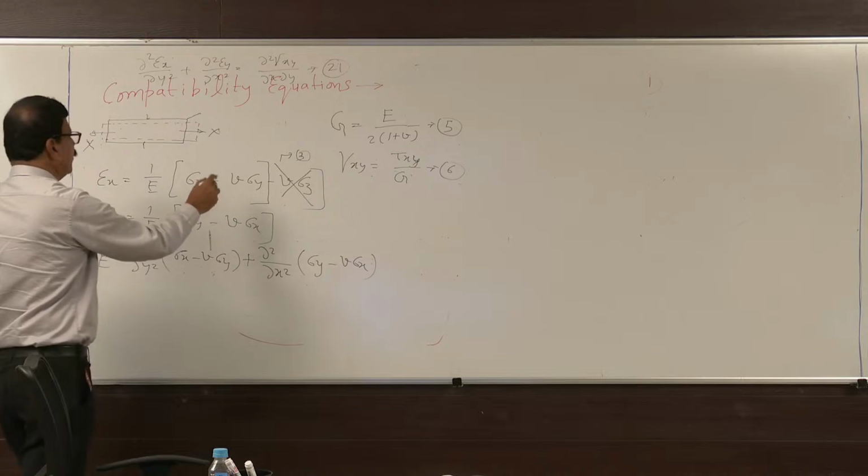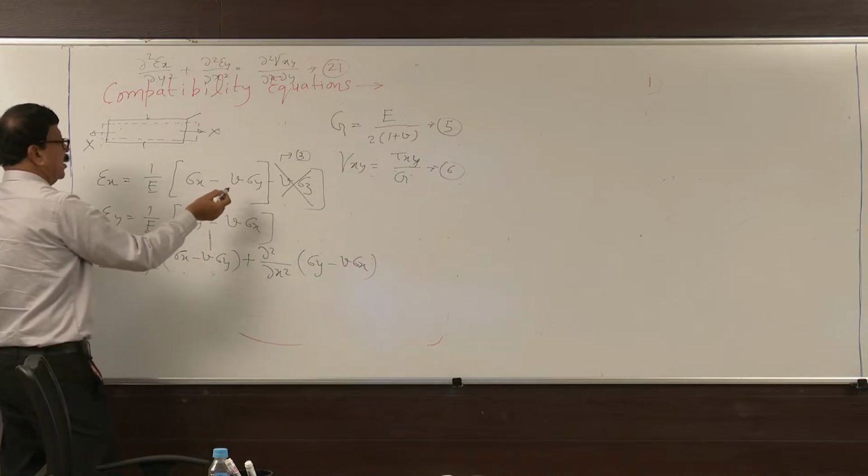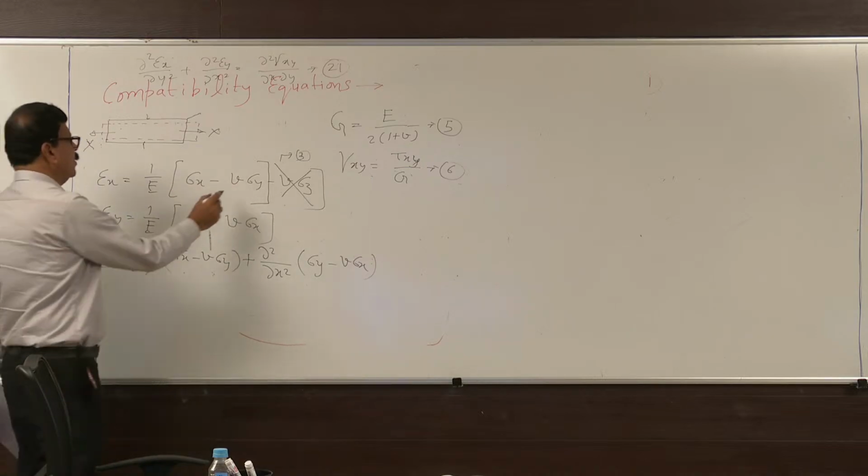Always it gives the effect of the one force in the other direction. So this is the Poisson's ratio.